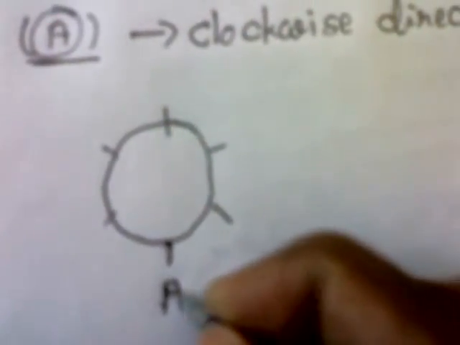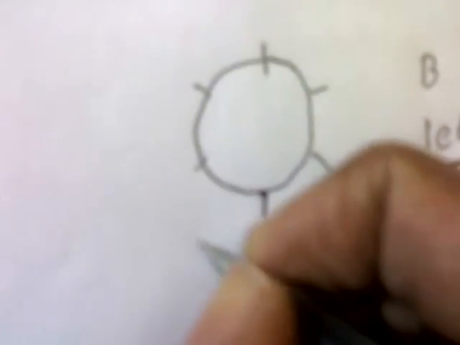The condition says B sits second to the left of A. We have the word left here, so we will move in a clockwise direction to the second spot. This is first and this is second spot, so B will be here.